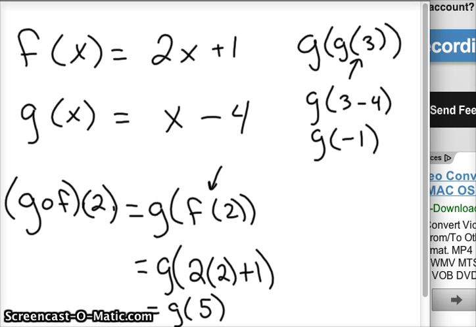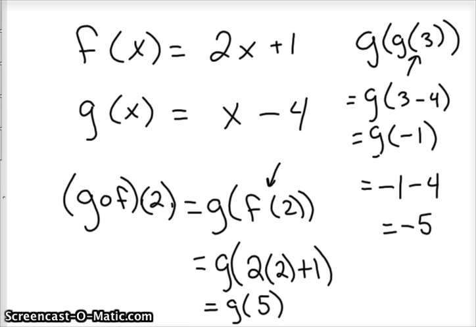Then you plug it into g again, so you'd have negative 1 minus 4, and that is negative 5. So there's composing the same function twice. It doesn't matter how you do it. You just have to do the inside first.